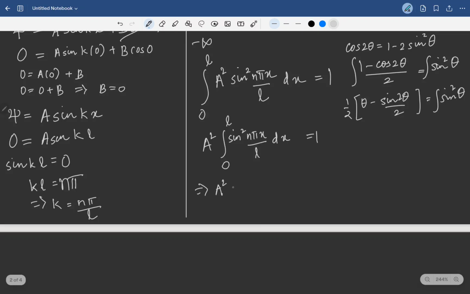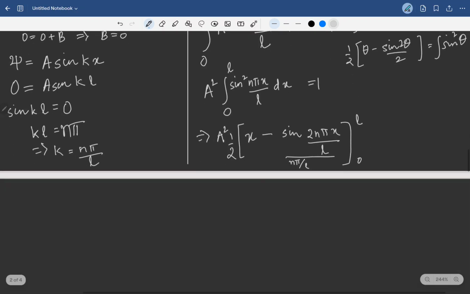Put this value here. A squared is equal to 1 by 2 into theta, which means x, minus sine 2n pi x by L, whole divided by 2 n pi by L. The limits are 0 to L. Solve it now.